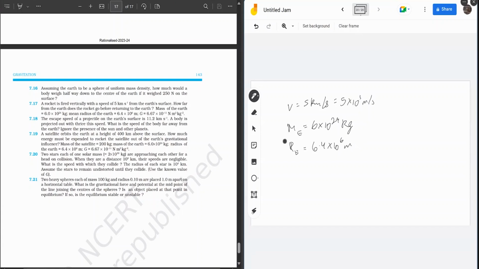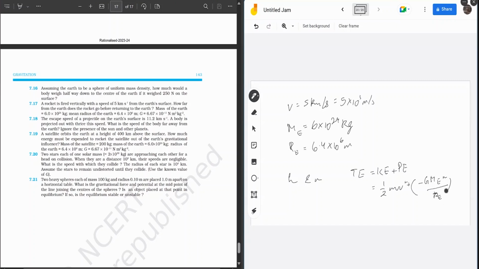Now let the height reached by the missile be h, and the mass of the missile be m. On the surface of the Earth, the total energy is kinetic energy plus potential energy. So it will be half m v squared minus G Me m divided by Re.